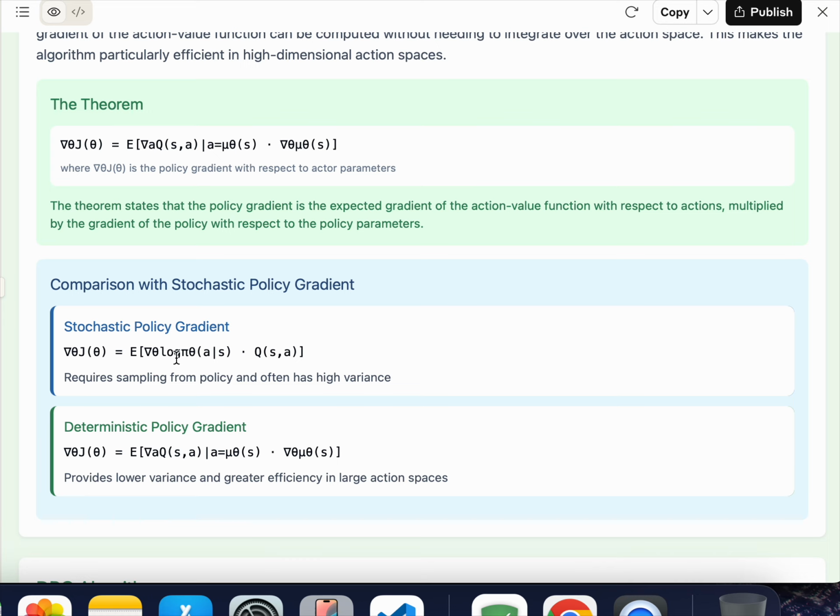The issue is that this often has high variance. Because we are sampling from a probability distribution, we get noisy gradients. On the other hand, the deterministic version avoids this by working with one fixed action. The result is lower variance and usually more stable learning, especially when action spaces are large.